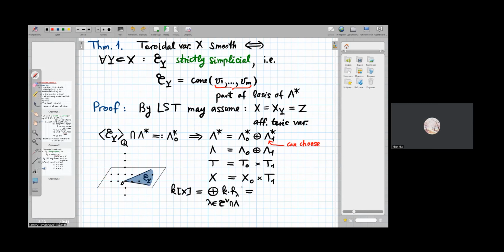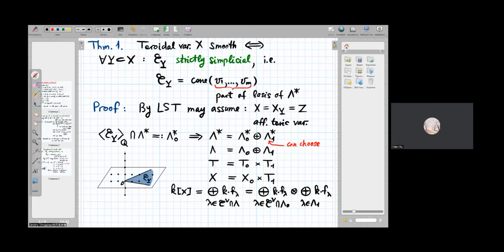Let me write it here. As a tensor product of two summands. The first summand is this span over lambda sitting in C check intersect with lambda naught. And the second tensor factor is the sum of these eigenspaces corresponding to lambda in lambda 1.